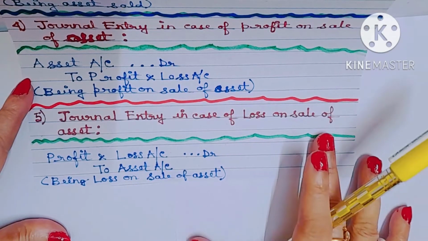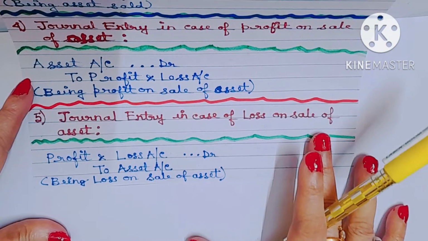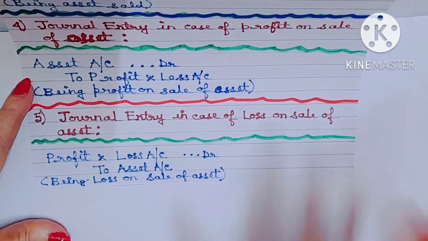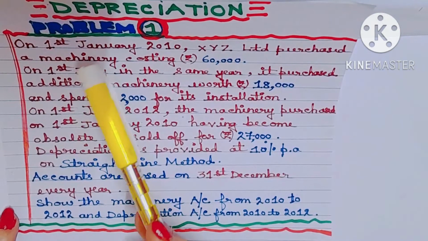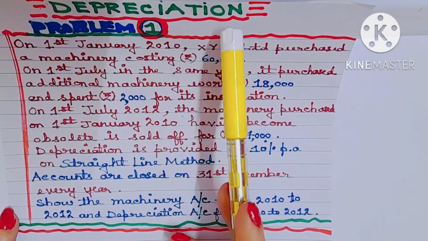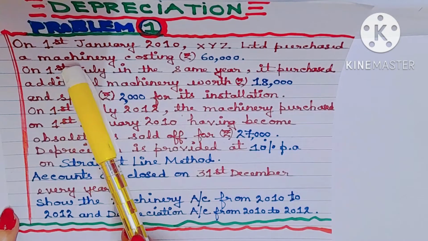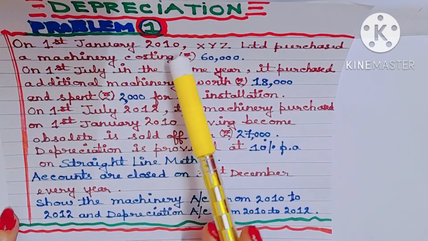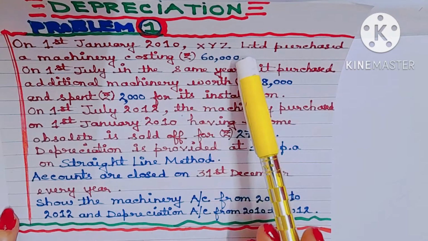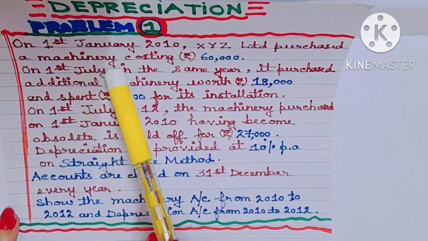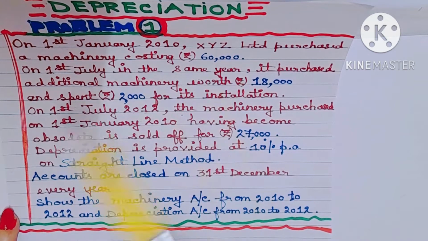Understood? Now let's go through the problem. I hope you understood the journal entries. Now see the problem. Depreciation problem number 1. On 1st January 2010, XYZ Limited purchased a machinery costing rupees 60,000.